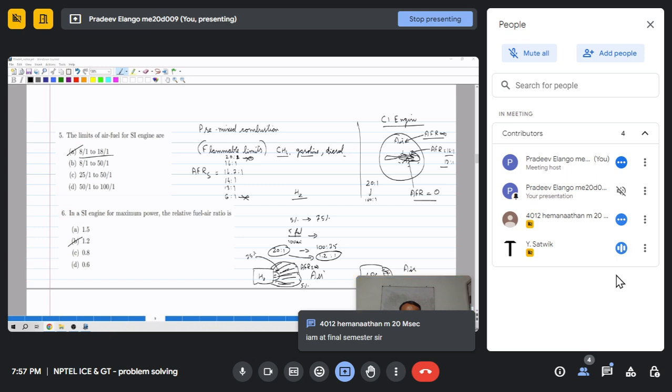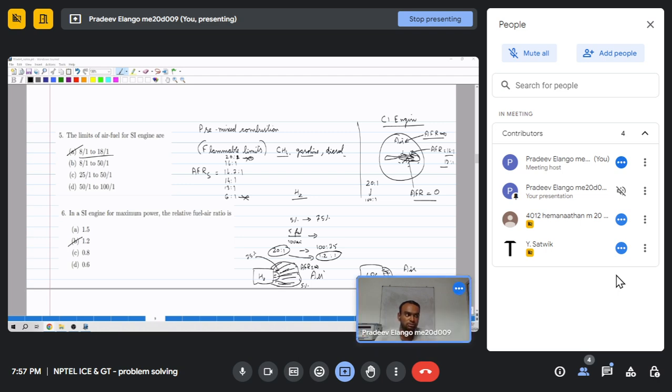Yes, sir, in the professional course. Okay. So based on this exam you write for NPTEL, that will be taken in the degree mark sheet, right? Yes, sir, it will be included for the credits. And Satvik, are you from Tamil Nadu itself or somewhere outside? No, sir, I'm settled here in Chennai.